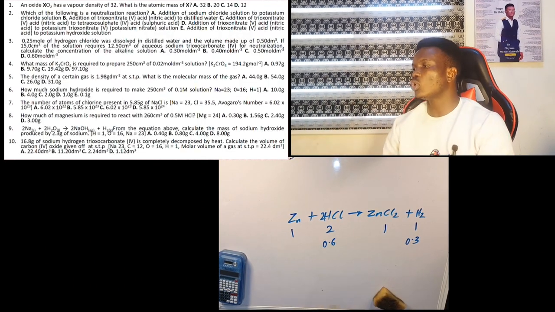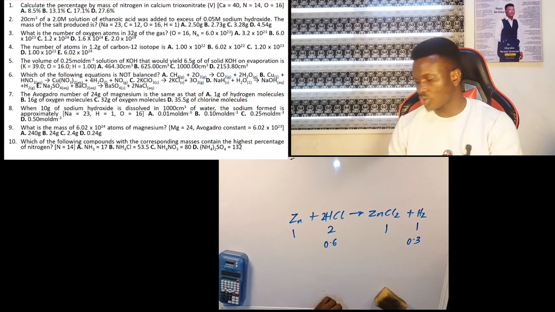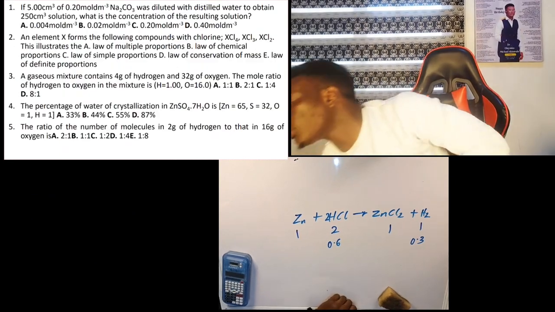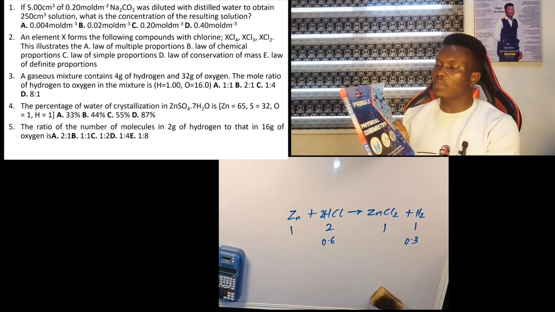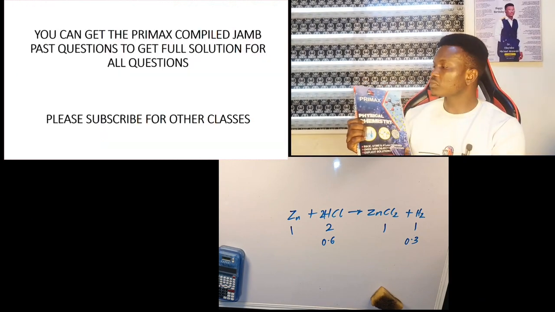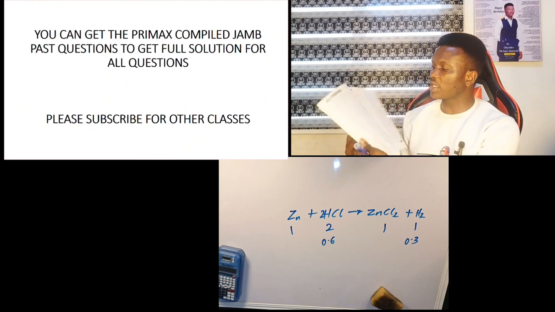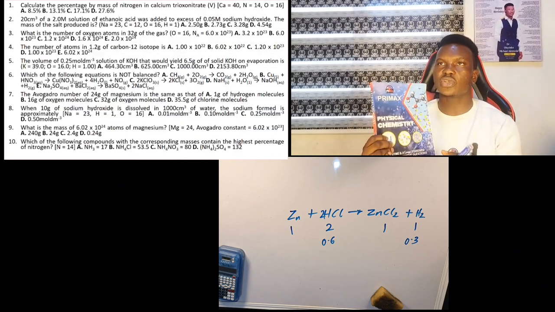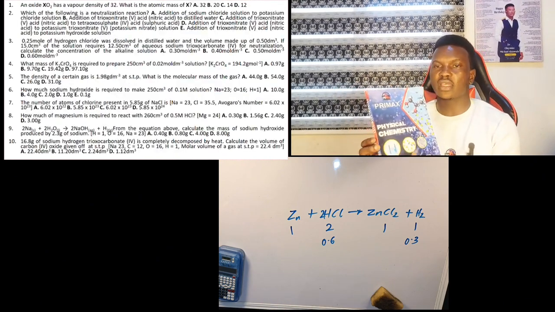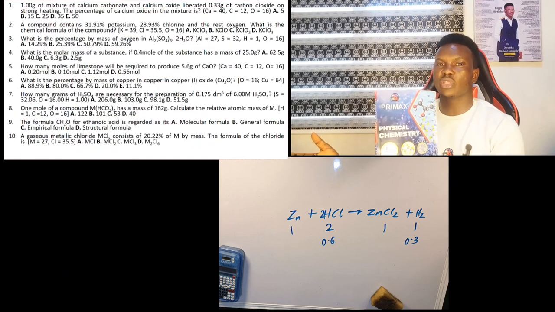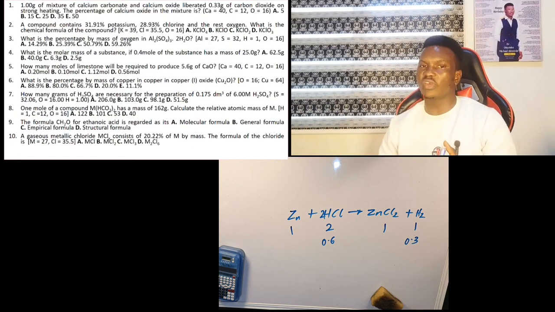So we're going to 155 questions. There is what we call Primax. This is Primax physical chemistry. All these 155 questions are actually in Primax physical chemistry with their solutions. If you can lay hands on them, fine. But if you can't, just solve them from the YouTube video. I'm still going to solve everything with you.